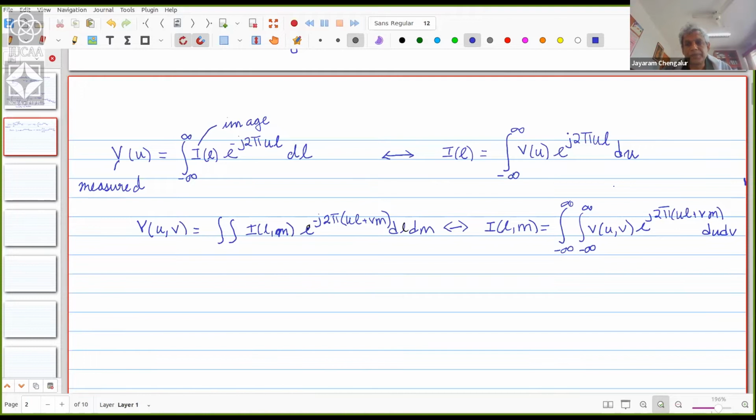So this tells us basically now how to make an image of the sky.